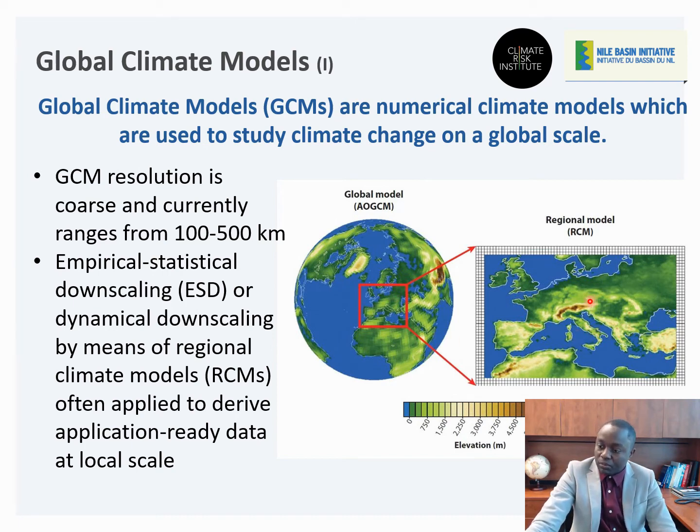Two main approaches are often adopted to do downscaling. We call that statistical downscaling, or we do dynamical downscaling using regional climate models to produce application-ready data at a local scale, such as a watershed or a point where infrastructure is to be assessed.